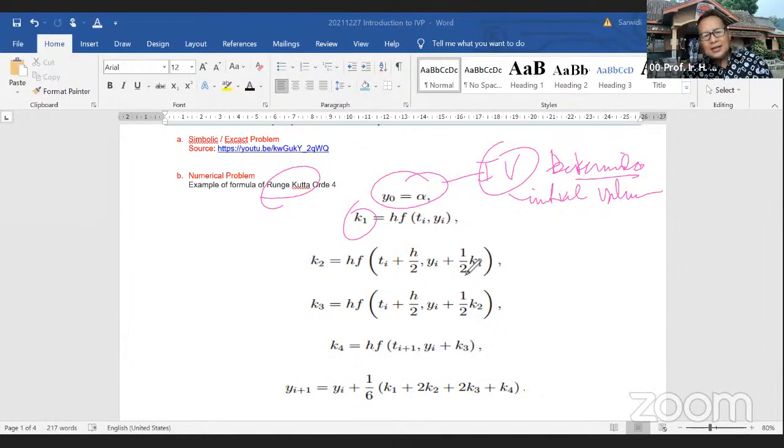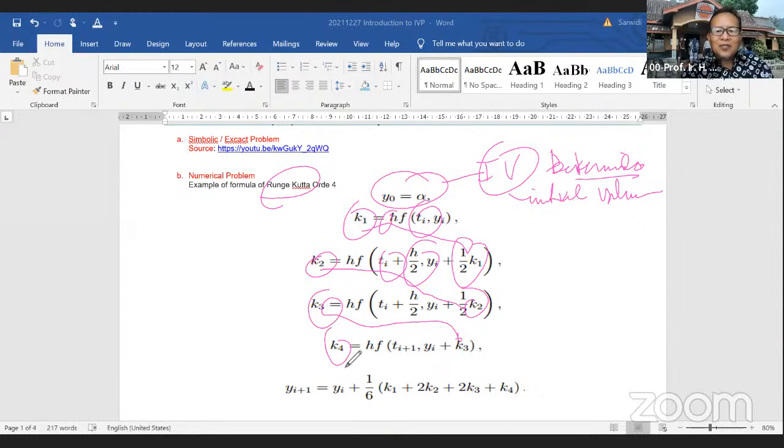It's very nice, everything is numeric. After finding K1, you put K1 here, y is here. Then after finding K2, this is K2. After finding K3 it is here, K4 here.